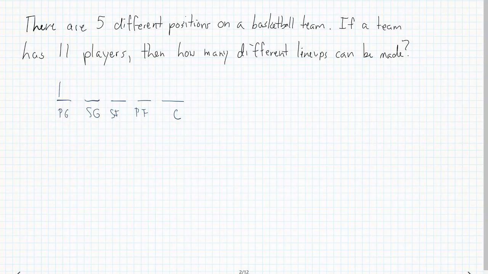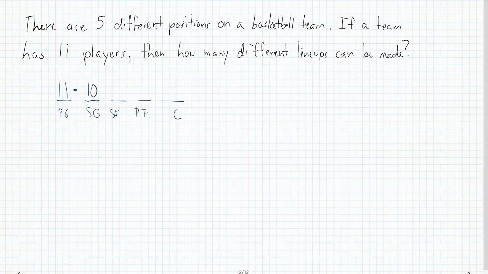In that case, it would be 11 possibilities. But now, let's say we have Sherry playing point guard, right? So Sherry couldn't play any of these other 4 positions. So that means, if Sherry's already been accounted for, we only have 10 players left for the shooting guard position.